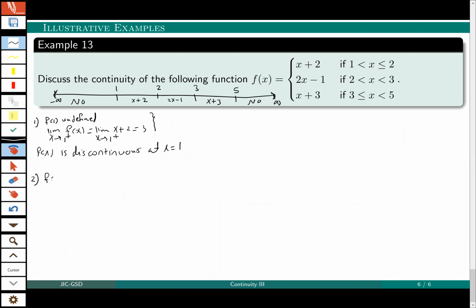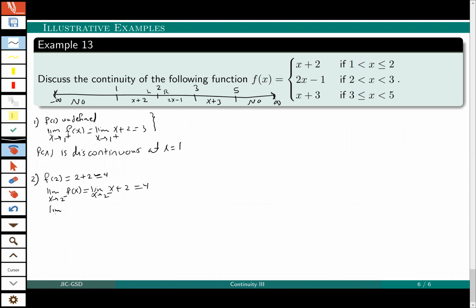f of x. What is f at 2 first? F at 2 will be 2 plus 2, which is 4. We need the limit when x goes to 2 from left, because at 2, I have left and I have right. From left, it will be x plus 2, which is again 4. Until now, it's fine.